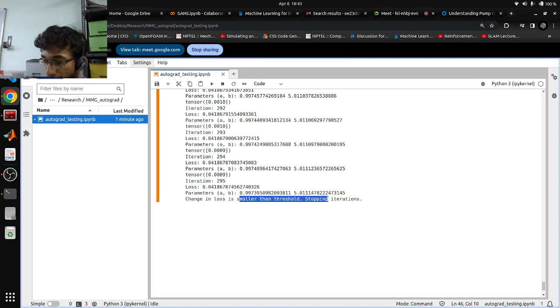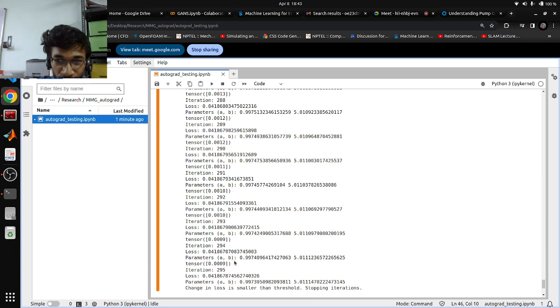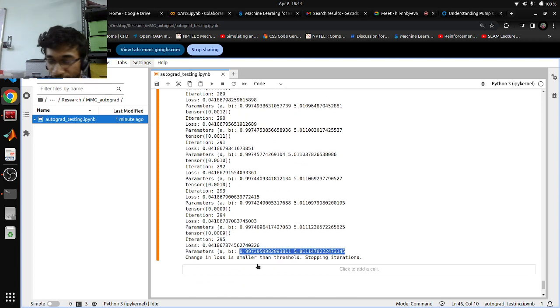This is actually the point that I wanted to get across. You can even look at the values of a and b that it ended up converging to. Based on the noisy data points that we gave it, it figured out that A is 1 and B is 5.